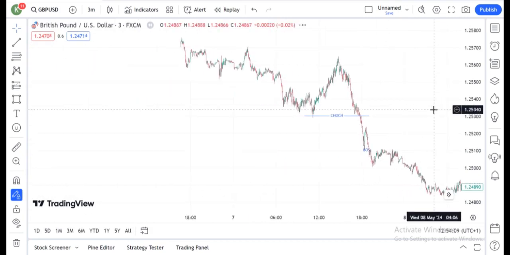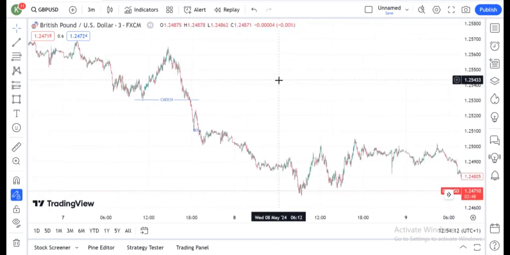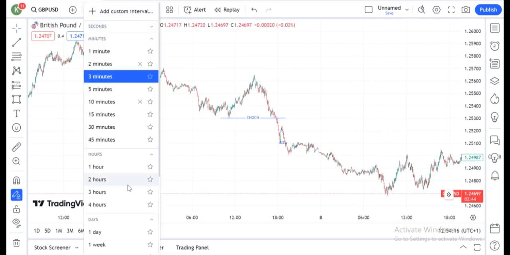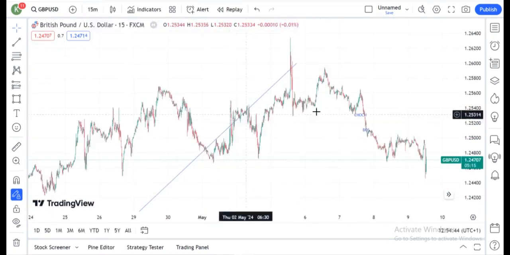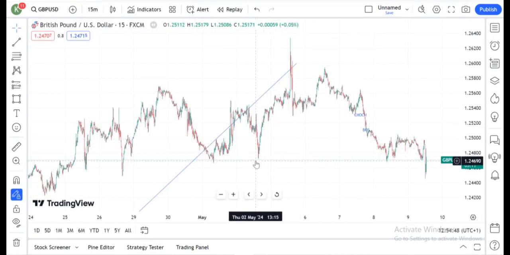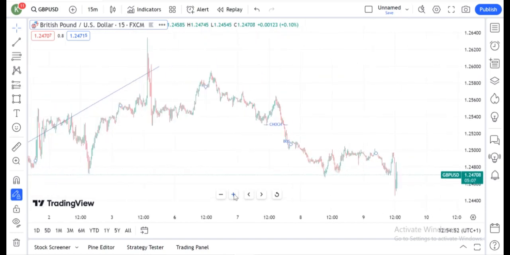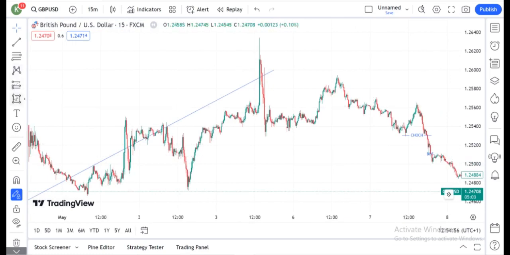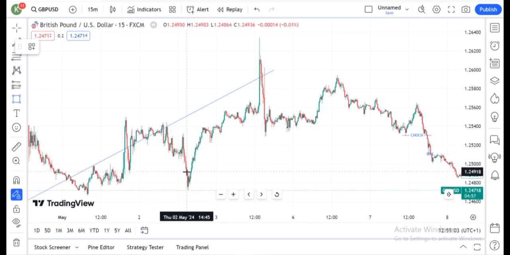But how do you now know where to take profits? Let's say that's usually where there's a problem. How do you now know where to take profits? All you need to do, when you go back to the 15 minutes, you ought to pay attention to the previous liquidity side, because in that previous liquidity side there are many other price actions that have occurred there, of which one, as you can see here, is an order block.